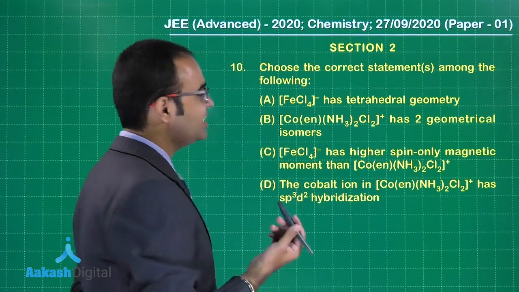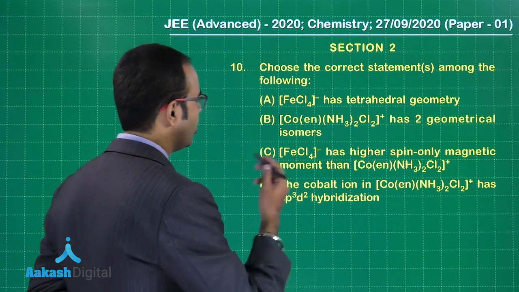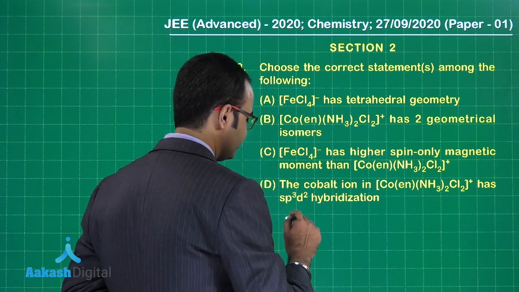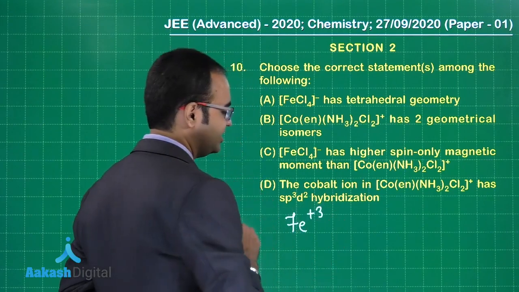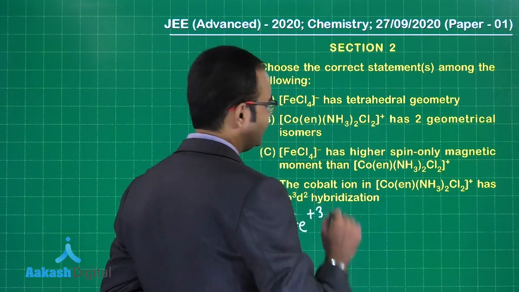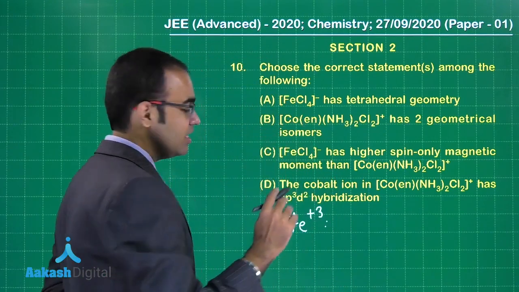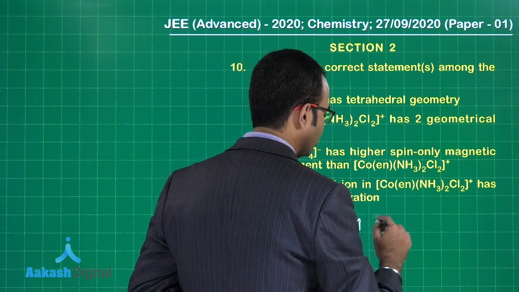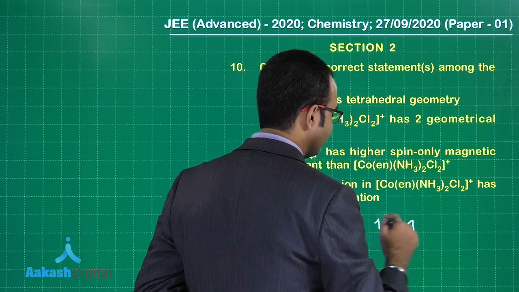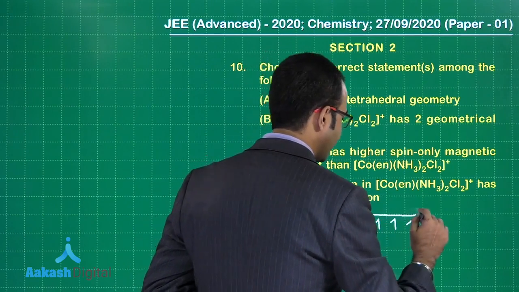So we'll have to solve each and every option carefully, guys. So what we have, FeCl4. If you're talking about FeCl4, Fe is in the +3 state, and Cl is a weak ligand. Weak ligand, what will happen? All the 3d electrons will remain unpaired, right?